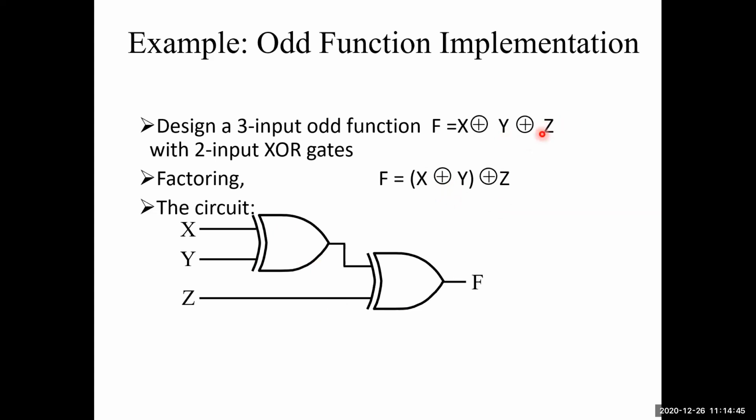If this is my equation, my diagram for that equation will be this one. I'll be using just one XOR. This will be my XOR gate. Since my function is F, F is my output, and my inputs are X, Y, and Z.